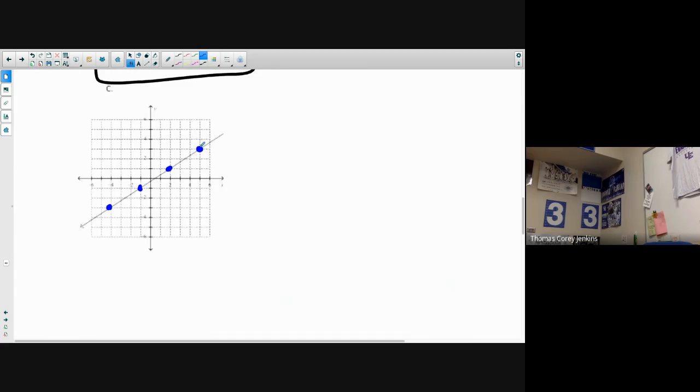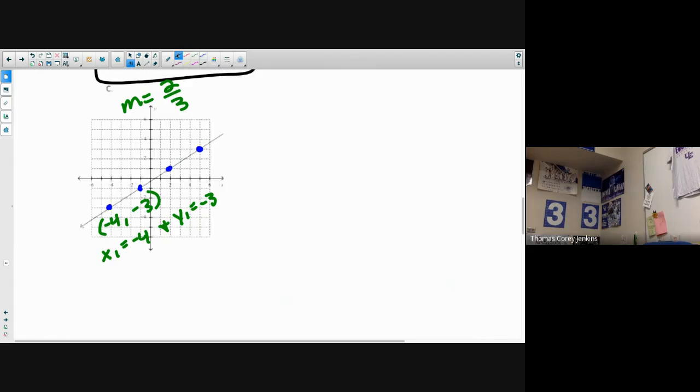So it looks like my slope is 2/3, and then we can use any of those points. Let's just use this one right here, the first one that we had, -4, -3. So x1 is equal to -4, and y1 is equal to -3.